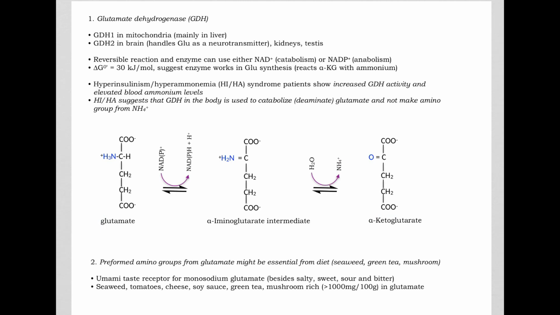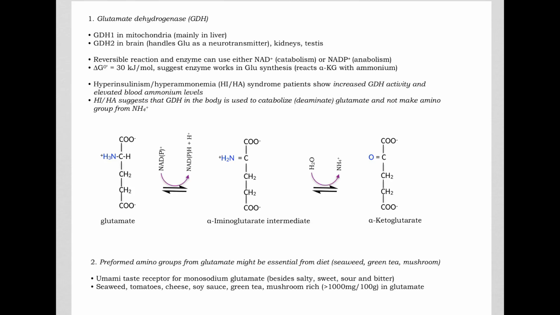Since this reaction has a delta G zero prime that is highly positive, plus 30 kilojoules per mole, it suggests that the reaction should occur in this direction, which means the ammonium could be added to the carbon skeleton to give us the amino acid. So that suggests we could make amino acids from ammonium using this reaction.